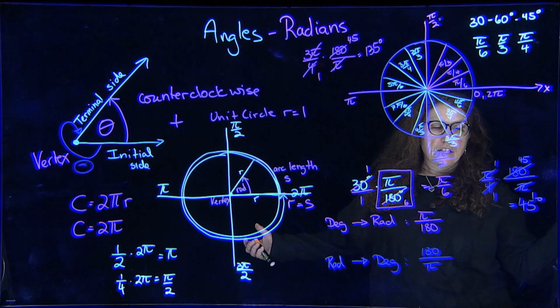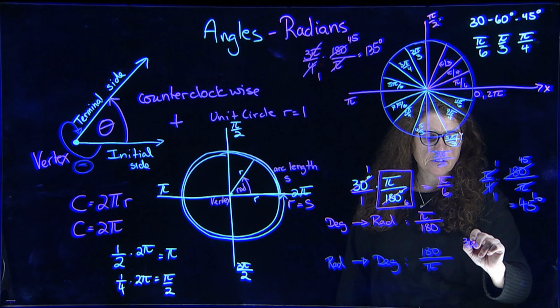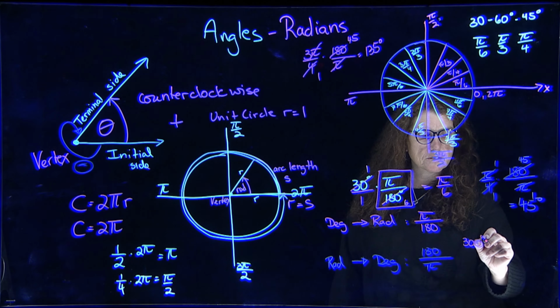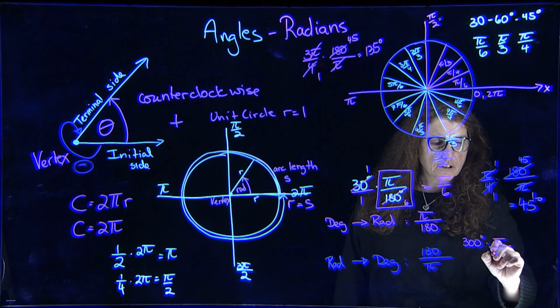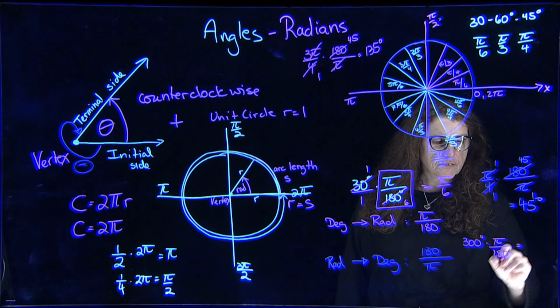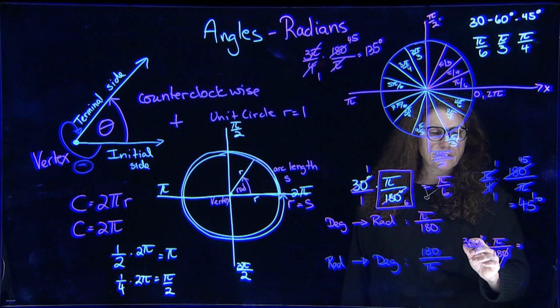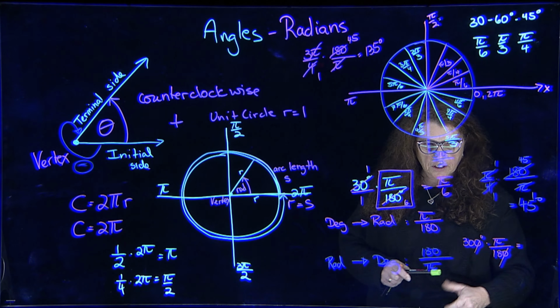Let's try one more. Let's say we have 300 degrees, and I want to change this into radians, times pi over 180. Now I can reduce, first of all, the zeros, and we have 30 and 18. What goes into 30 and 18? What can I factor out?